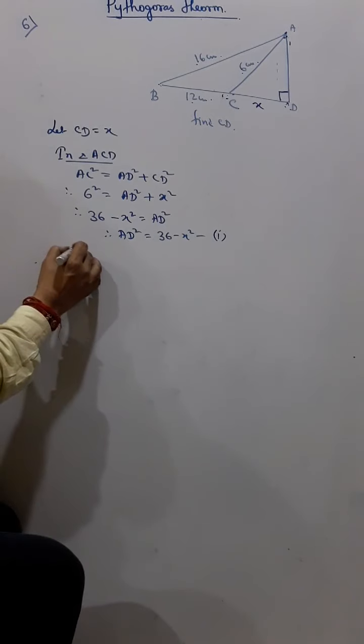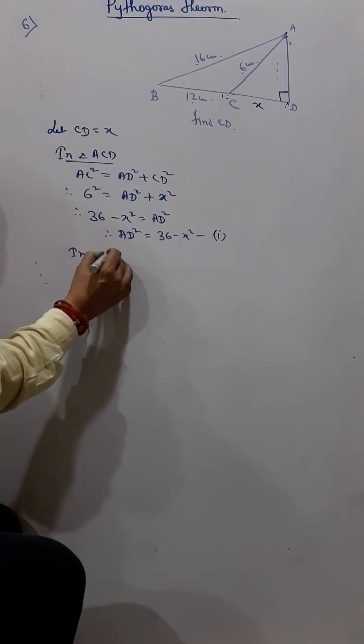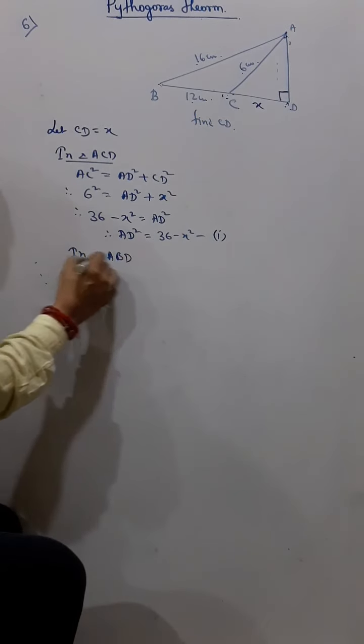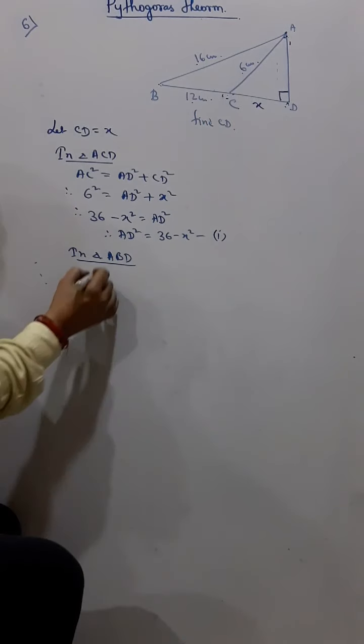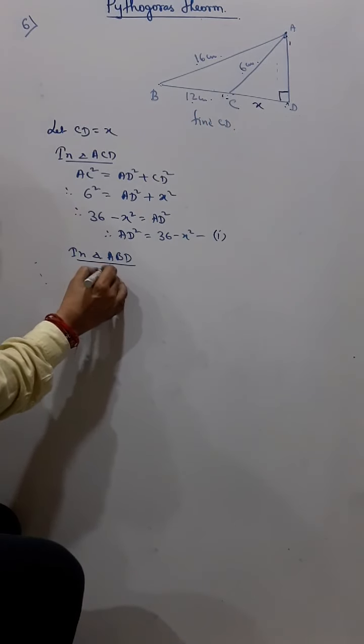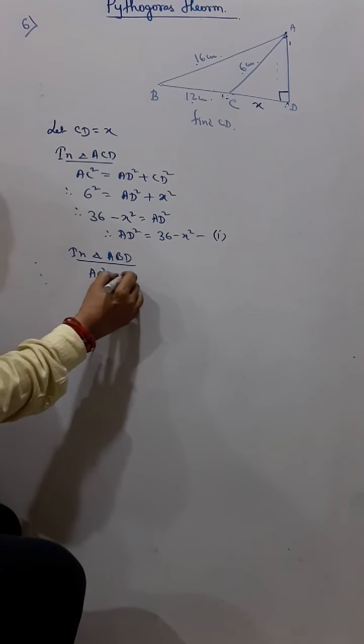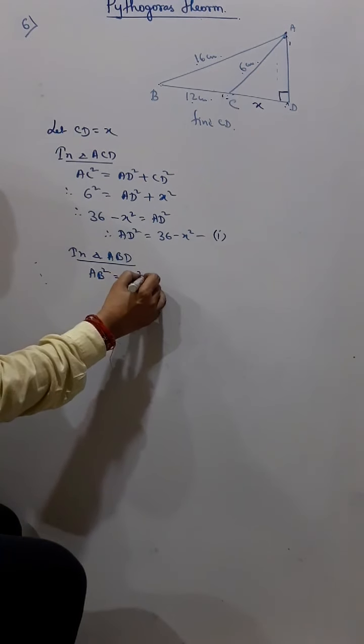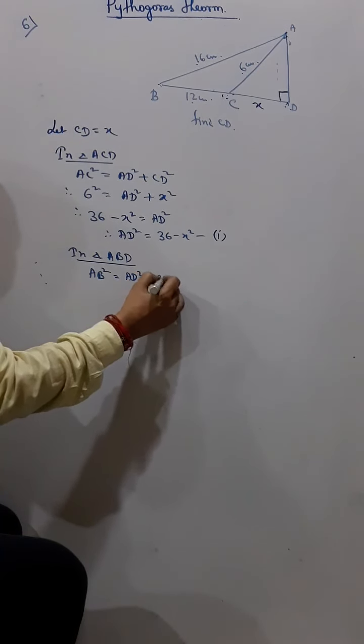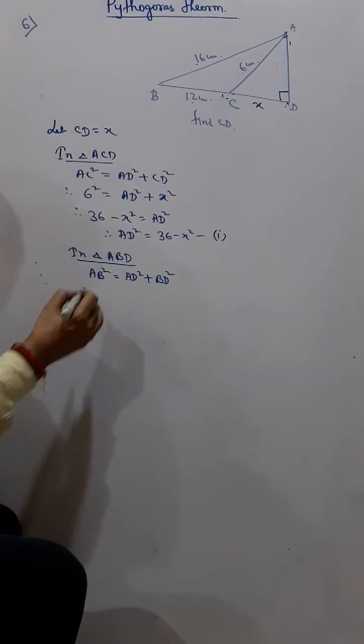Now if I take the bigger triangle, in triangle ABD we can say AB square is equal to AD square plus BD square.